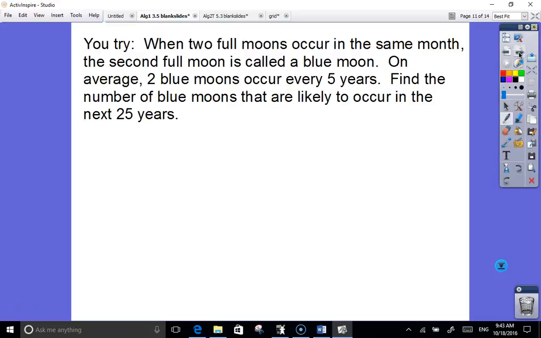Okay, try this one. When 2 full moons occur in the same month, the second one is called a blue moon. On average, 2 blue moons occur every 5 years. How many blue moons are likely to occur in 25 years?